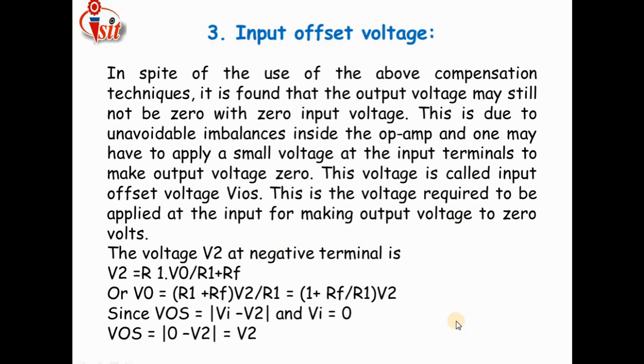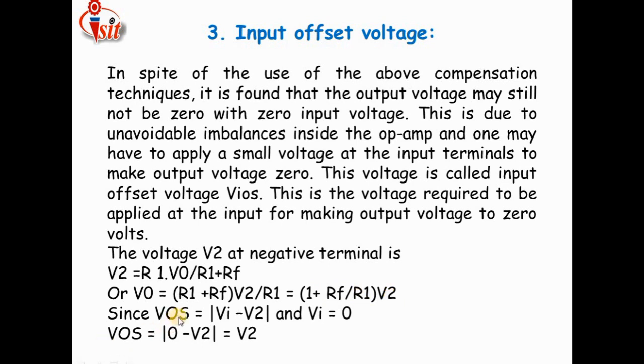The voltage V2 at the negative terminal is V2 equal to R1 V0 divided by R1 plus RF, or V0 is equal to (R1 plus RF) into V2 divided by R1. By simplifying this equation, we get (1 plus RF divided by R1) into V2.